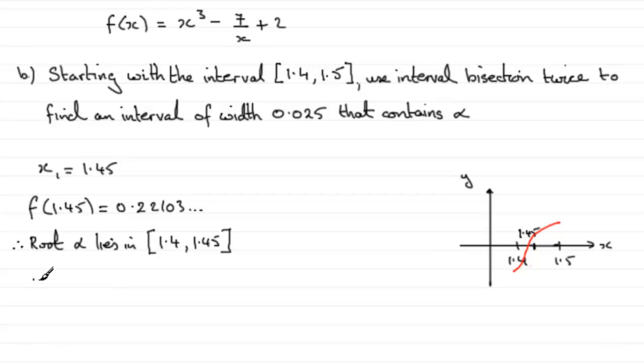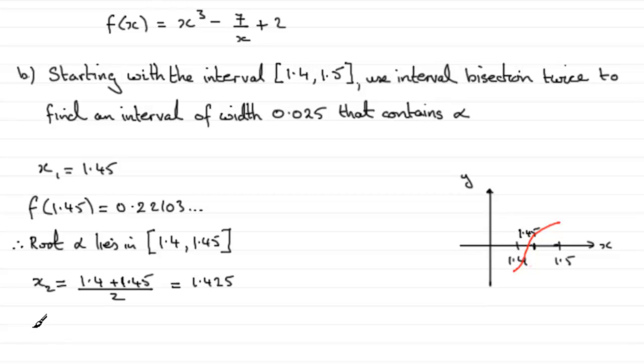Let's say that x2, our second value we're going to try, is the mean of 1.4 and 1.45. So 1.4 plus 1.45, divide that by 2, gives us the midpoint. It comes out at 1.425, and it's that value that we're now going to try and see what kind of sign we get.